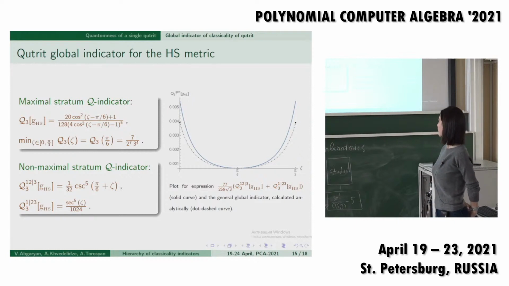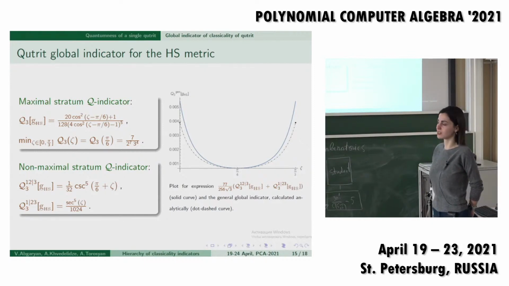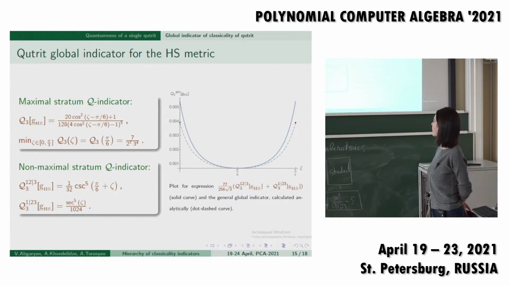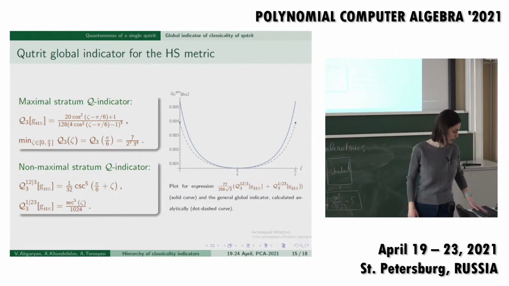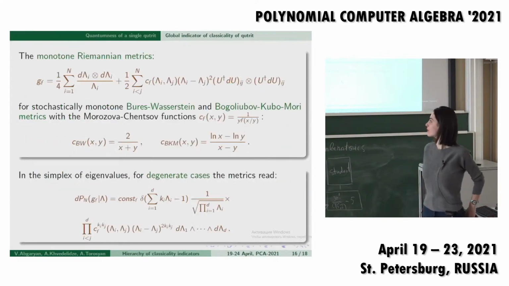And we see the plots for the general case, which is plotted as a dot-dashed line, and also for the expression with some factor, I won't read it, where the blue curve is now the sum of the non-maximal Q indicators. I will give some explanation of that in the end.